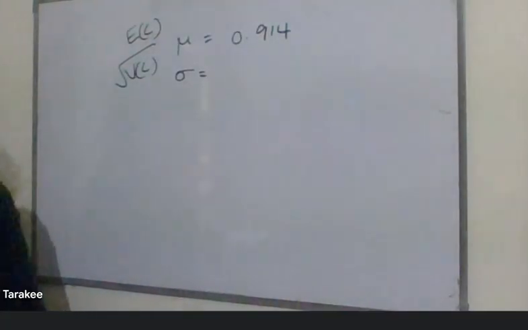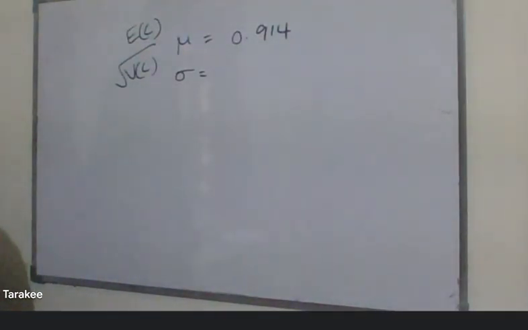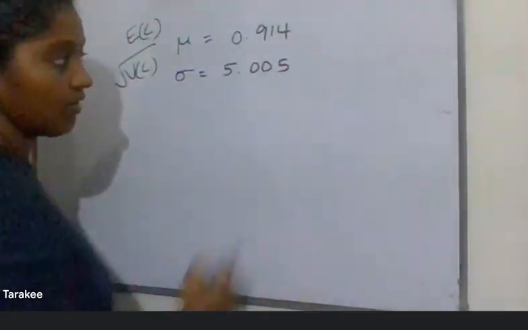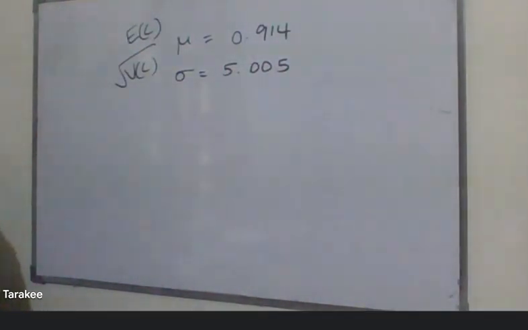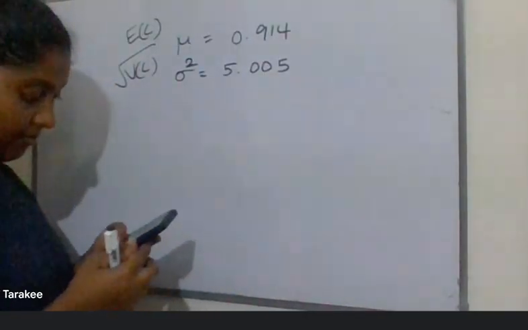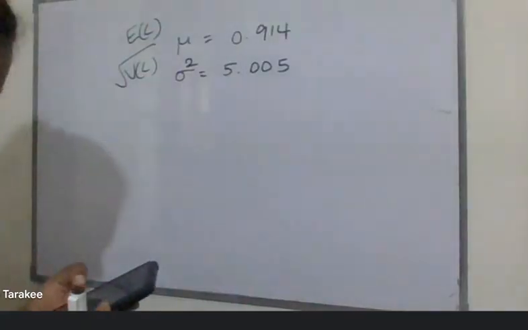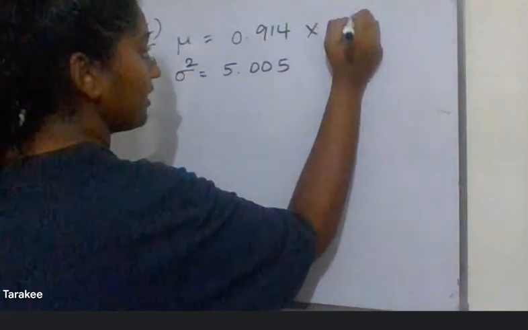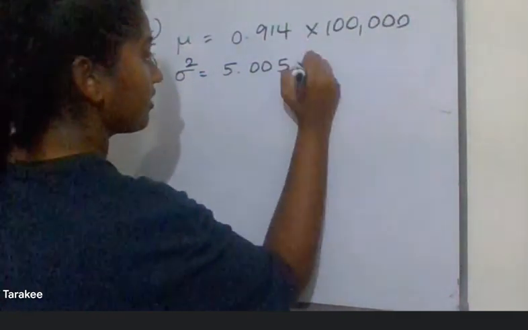The other one was 5.005. Now this is for one passenger. Now there are 100,000 passengers. So we have to multiply each of these values by 100,000.